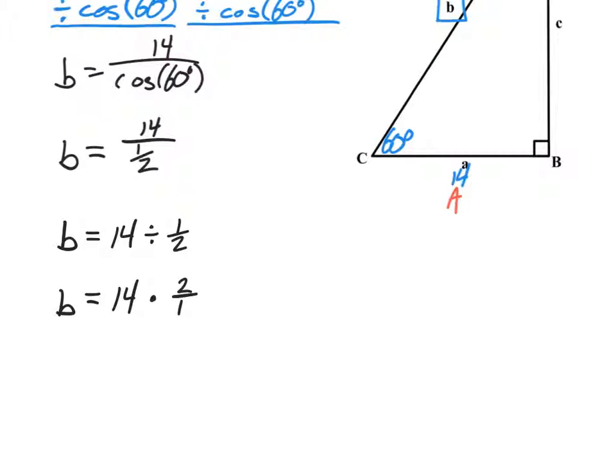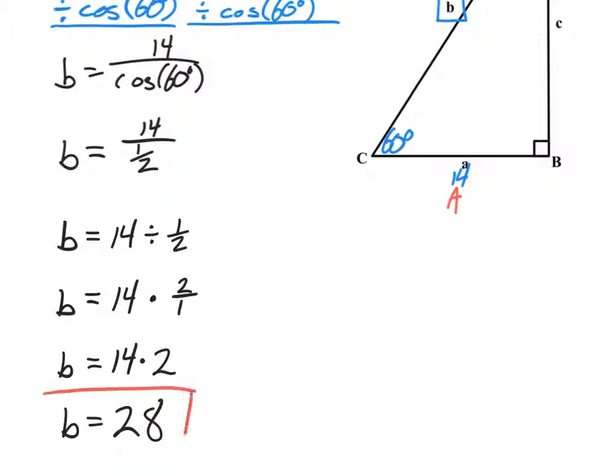In other words, you change the division to multiplication and you flip the fraction upside down. Always the second fraction. Well, of course, multiplying by 2 over 1 is the same as multiplying by 2. Now, if you looked at it and you said 14 divided by 1/2, oh, that's the same as 14 divided by 2, so it just equals 28. You would be right. And that would be your final answer. So b just equals 28 here.